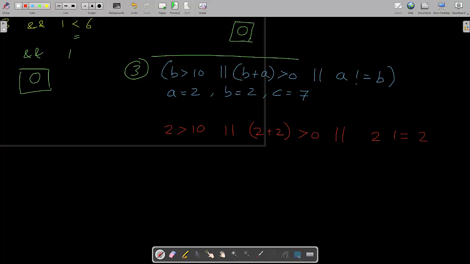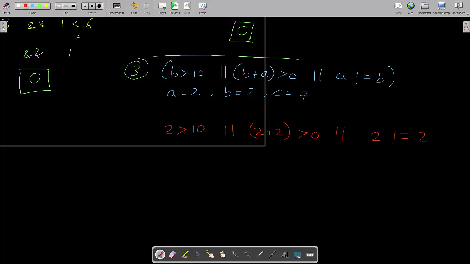So now 2 greater than 10 is false, so this is going to be 0. 2 plus 2 is 4. I'm absolutely sorry, I would like to erase this particular step. One thing I forgot is that it is not going to make any difference, but still we have to follow the rules.